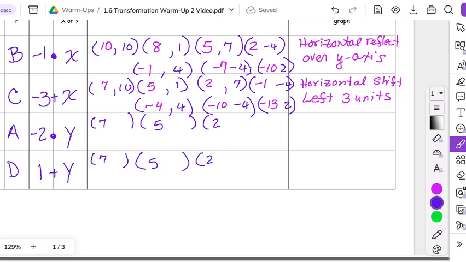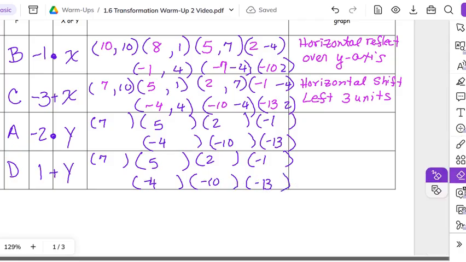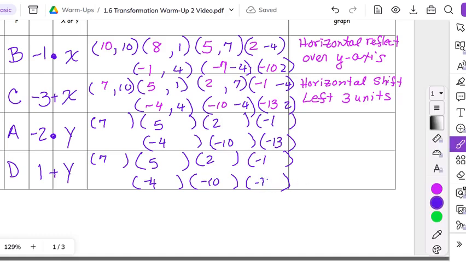So I'm just writing them on both spaces because they're not going to change at all anymore. -10. Okay. And a -13.